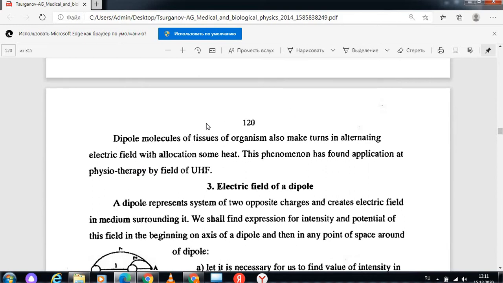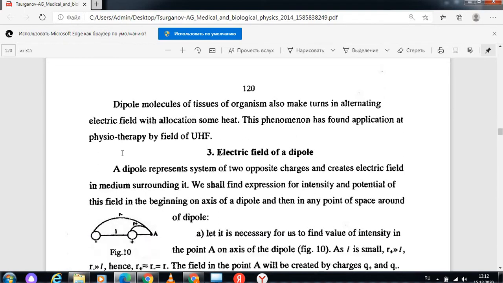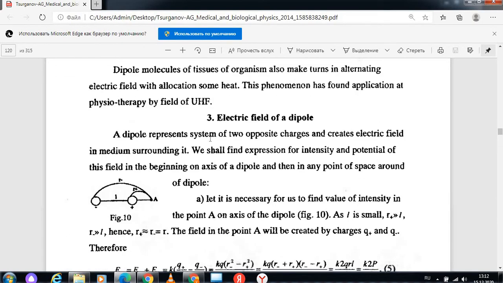The dipole molecules of the tissues of organisms also make turns in an alternating electric field with allocation of some heat. This phenomenon found application in physiotherapy by UHF, ultra high frequency, physiotherapy of the field.